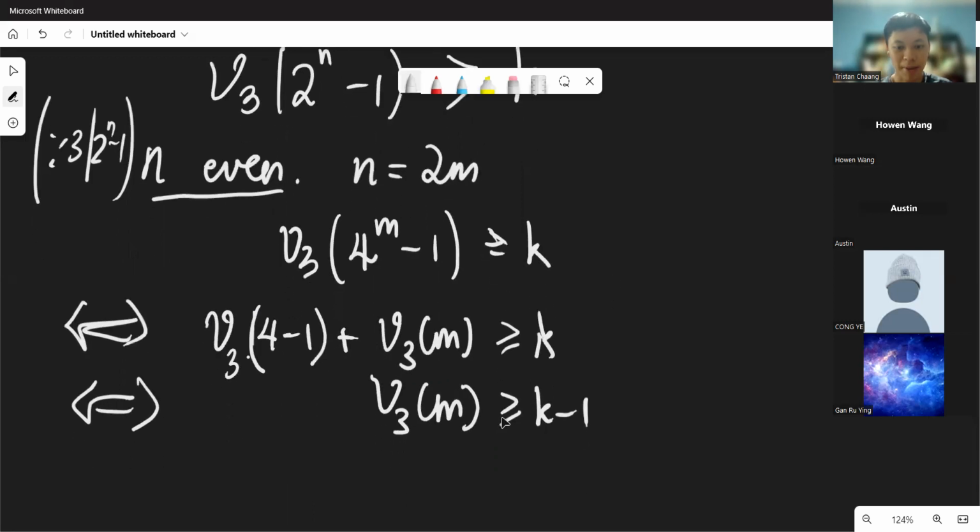So what's m? Can we write this in a more layman kind of way? This is too fancy, it's too v3 and blah blah blah. Can you write this in a simpler way, even though they mean the same thing?